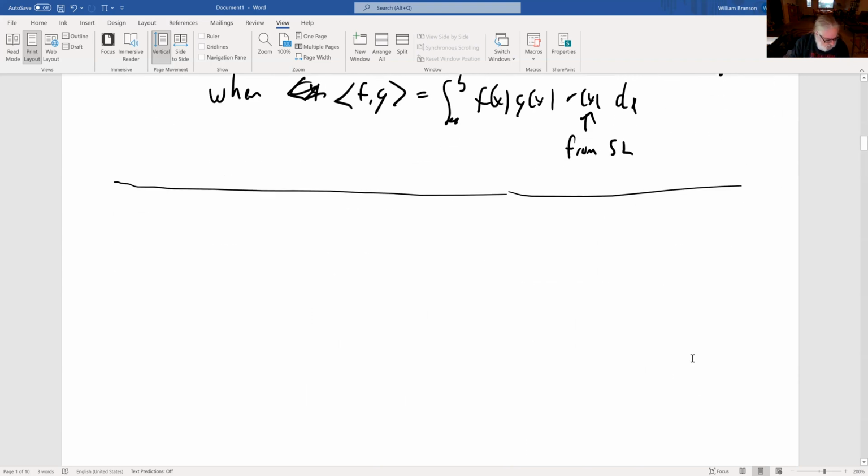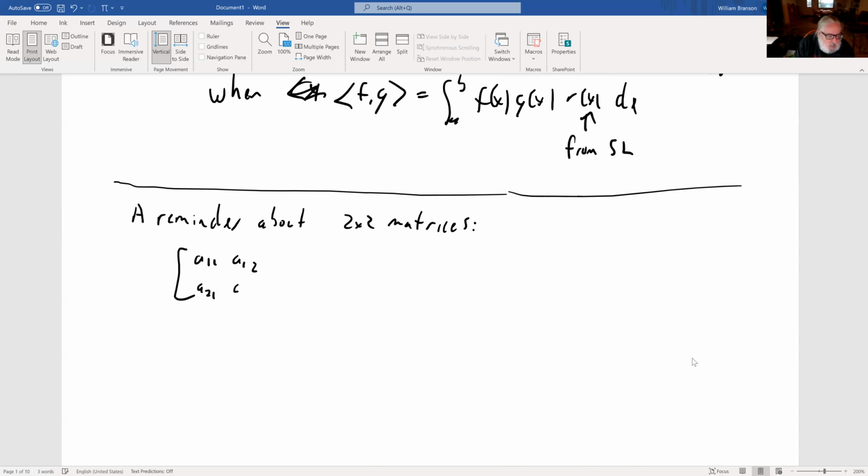So a quick reminder about matrices. If we have a 2x2 matrix with entries A11, A12, A21, A22 times x1, x2 equals 0, we'll call this matrix M, the traditional letter for a matrix. This is a theorem we see in linear algebra.